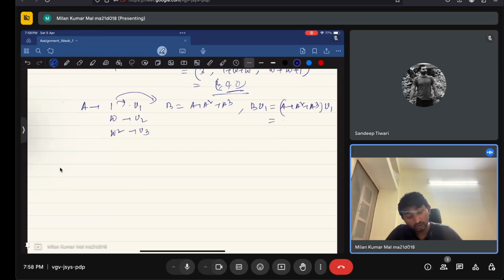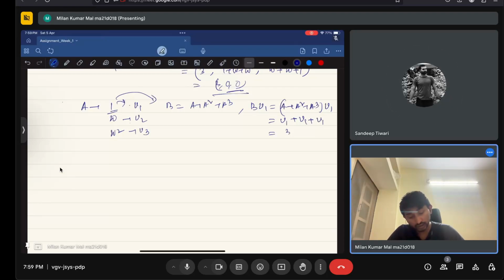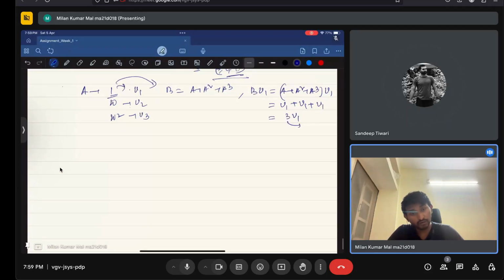A V1 is equal to V1, because that is corresponding to 1, plus A square V1, which will again be V1, plus V1 because A cube is identity, so 3 V1. So 3 is the eigenvalue, and V1 is the eigenvector corresponding to eigenvalue 3, right?